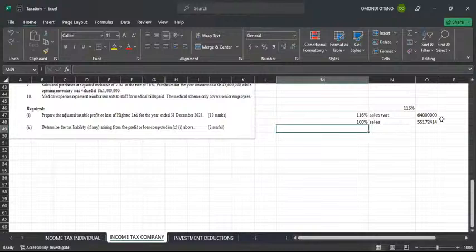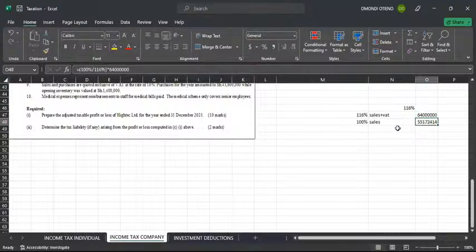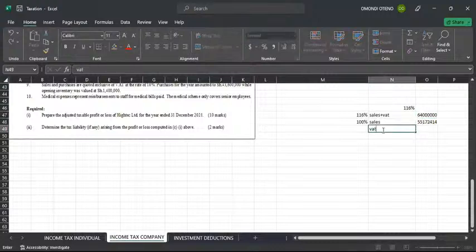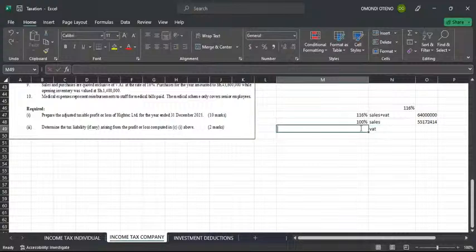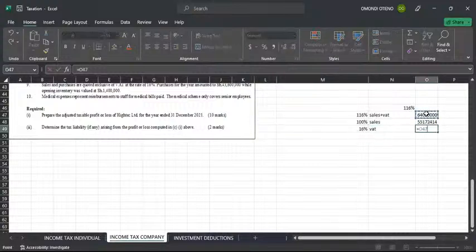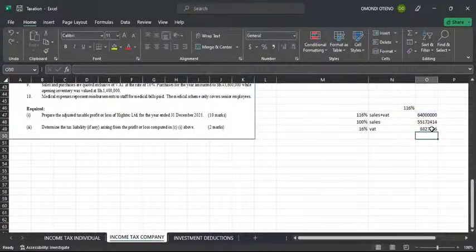So the value which you want to remove from this sales plus VAT is the VAT. Now, when we subtract, that is 64 minus real sales, we'll be able to get the VAT value. If VAT is 16%, we said it is 64 minus that to get VAT.